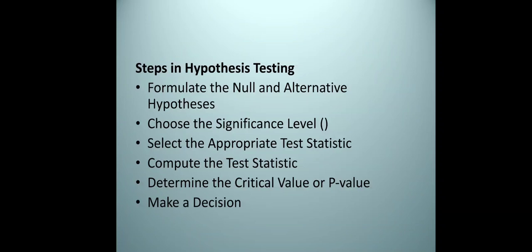Steps in hypothesis testing. The first one, formulate the null and alternative hypothesis. The null hypothesis H0 and the alternative hypothesis H1. Second, choose the significance level. Third, select the appropriate statistic. Fourth, compute the test statistic.